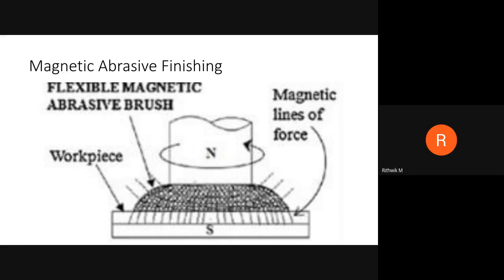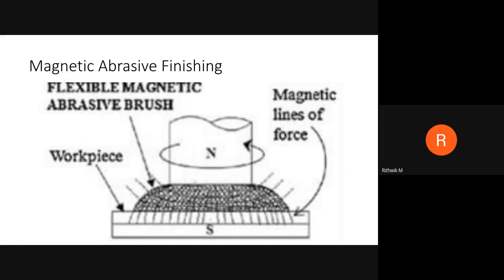Then we will get a flexible magnetic abrasive brush as shown in the figure. Here you can see in the top portion there is a north pole and in the bottom portion S, that means south pole, and in between them the workpiece is kept. A dome-shaped structure is visible here, which is a mixture of non-ferromagnetic abrasives and ferromagnetic iron particles.